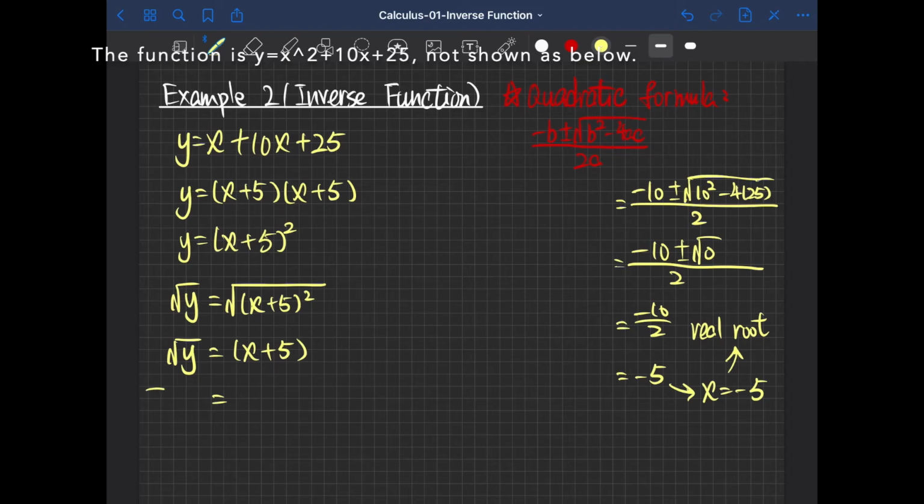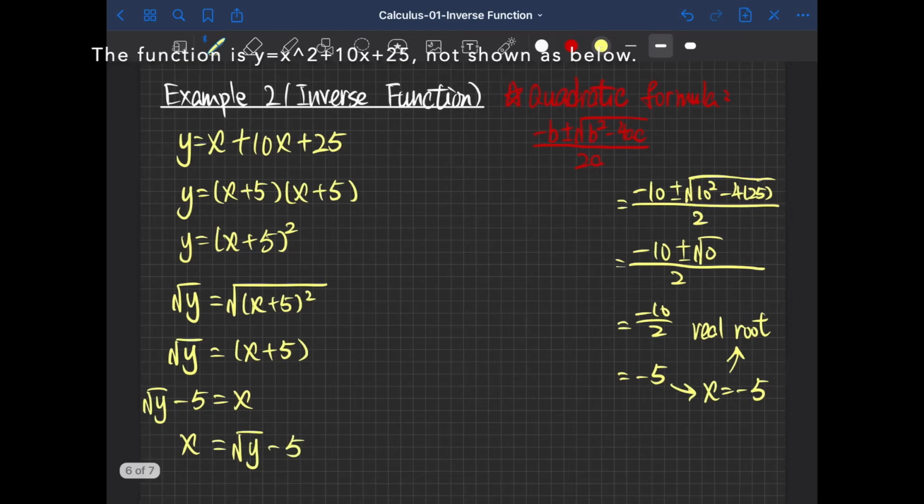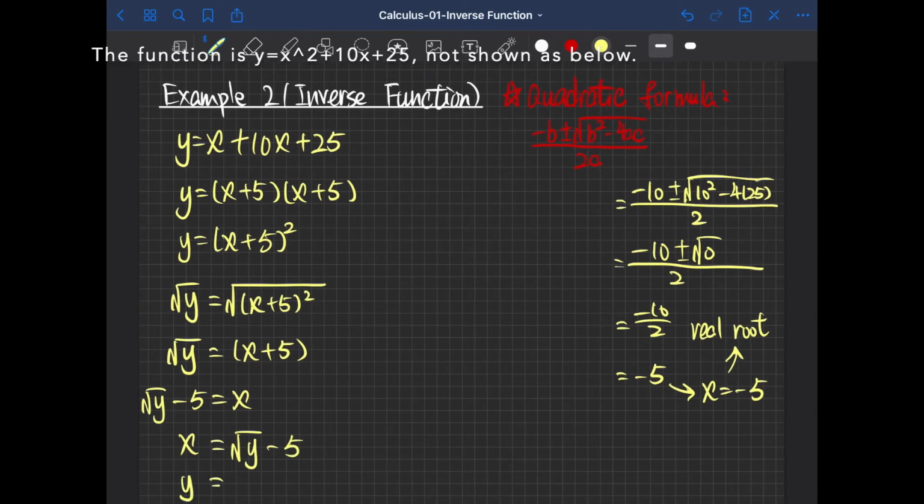Then we can get x equals square root of y minus 5. We interchange x and y, then we can have the inverse function of x squared plus 10x plus 25 is f^-1 of x equals square root of x minus 5.